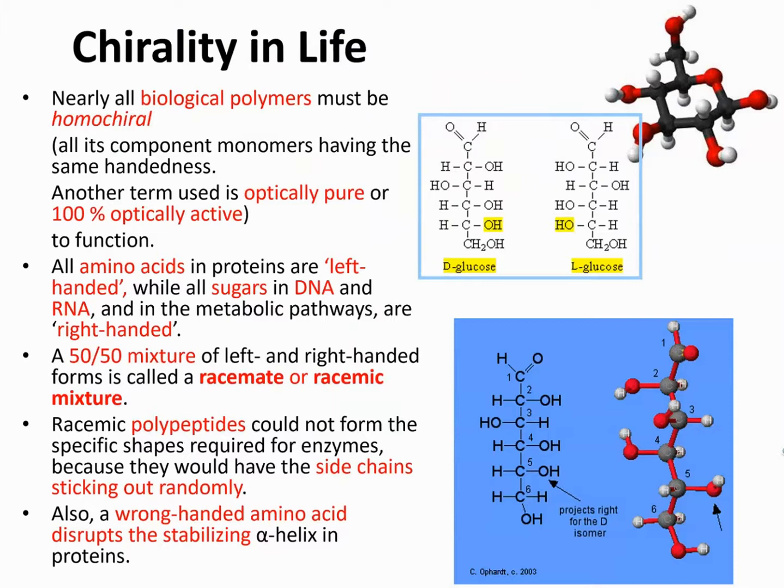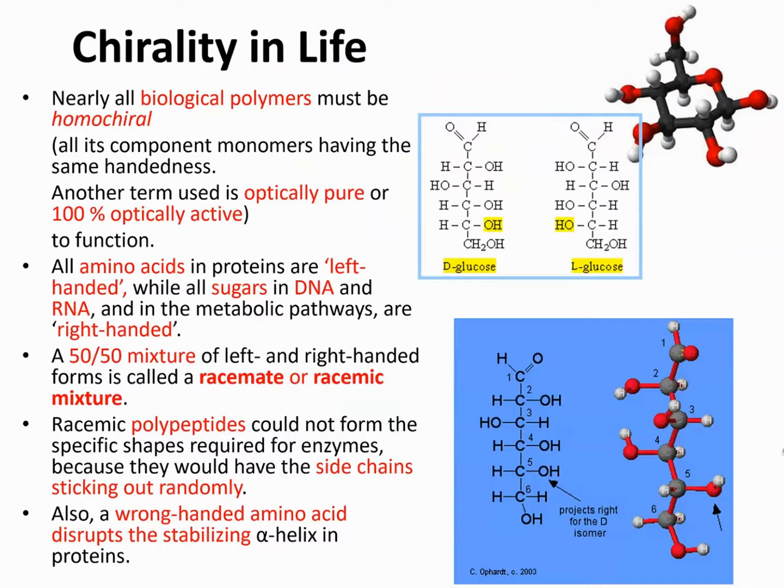That means that if the original atom or lattice point is left-handed, then the rest of the atoms or lattice points in the particular sample are all left-handed. If the original one is right-handed, then the other ones are all right-handed. Another term that we use here is optically pure, or 100% optically active, to function.